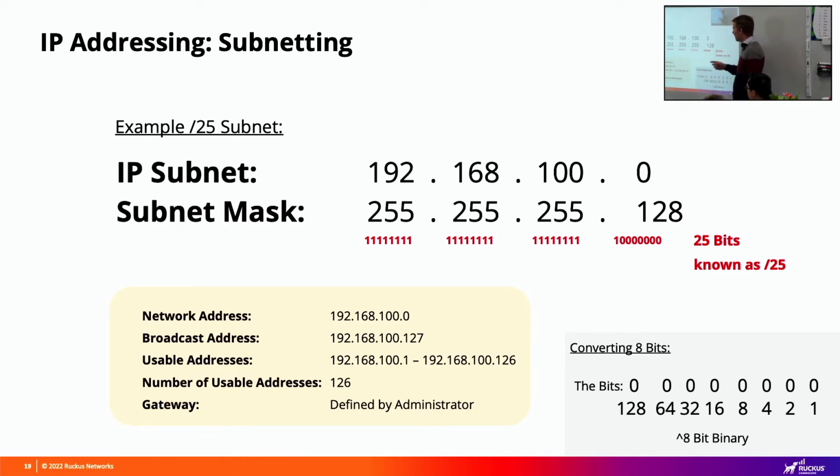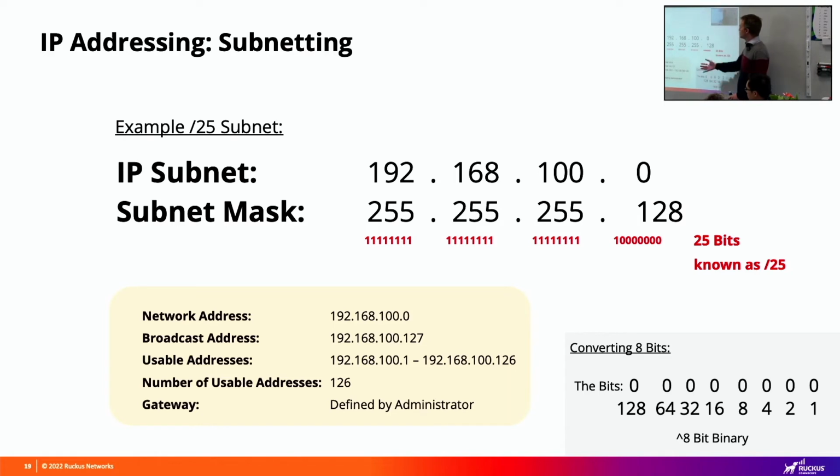What does that mean? It means my valid hosts within my subnet have just cut in half. So my network address is .0, the first usable address is .1, the last usable address is 126, and my broadcast address is 127. And it's all because I've changed the subnet mask.